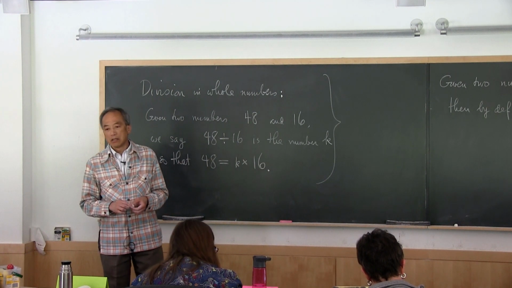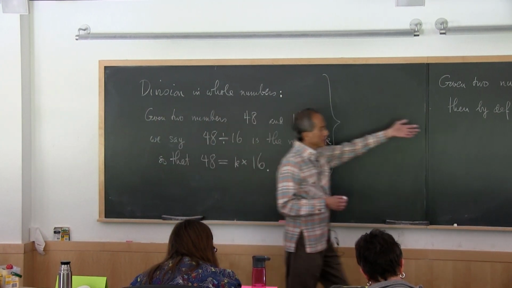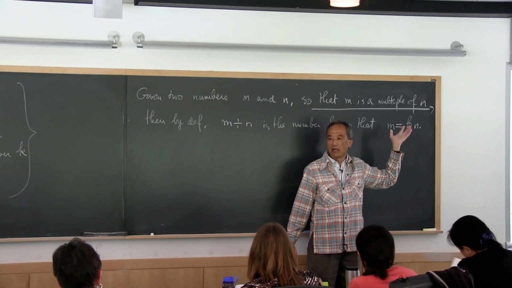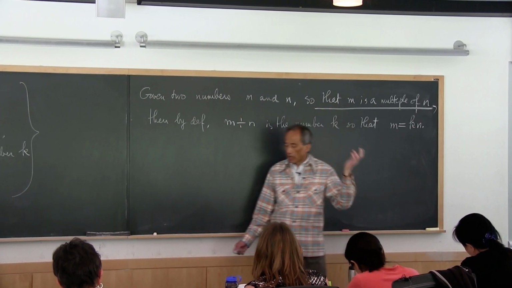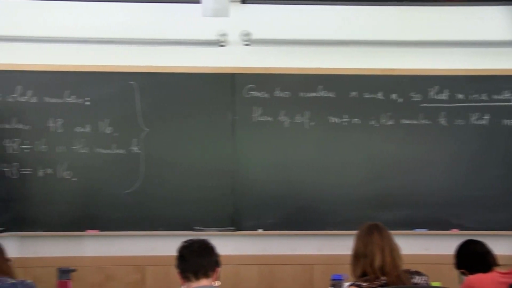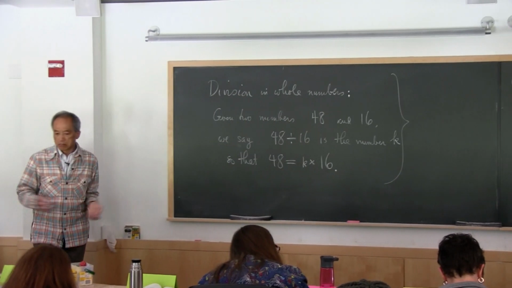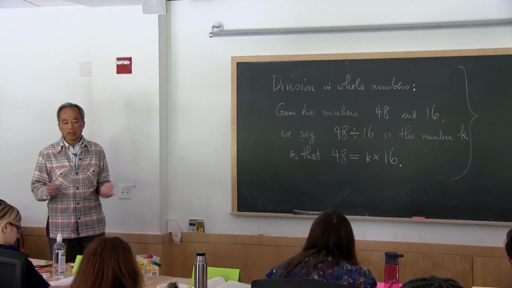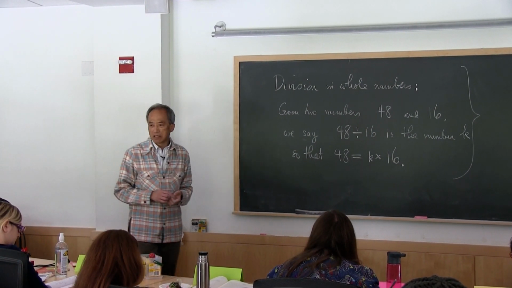So instead of saying k cross n, I just say kn. That's just convention, for convenience.